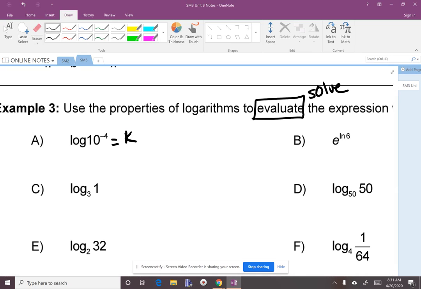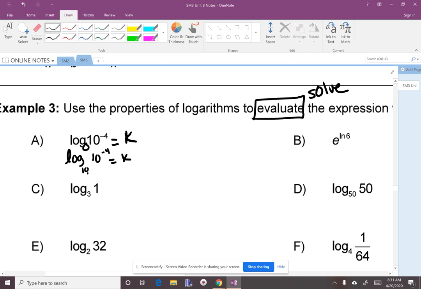I'm going to figure out what that number is. So the way I solve is I'm going to change forms. Whatever form it starts in, I'm going to change it the other way. So this is in log. So this is log base 10 of 10 to the -4. And I know it's base 10 because nothing's there, and that's the common log. Okay, equals K. So I'm going to change forms.